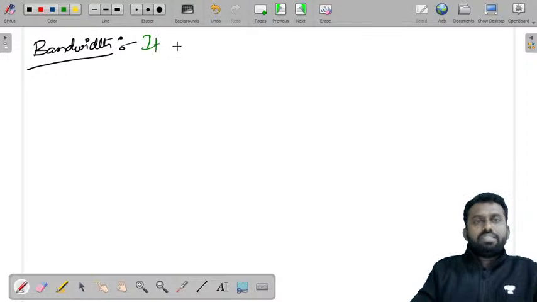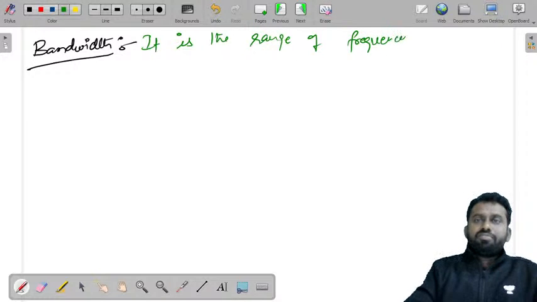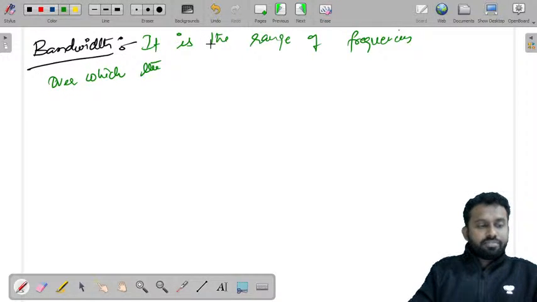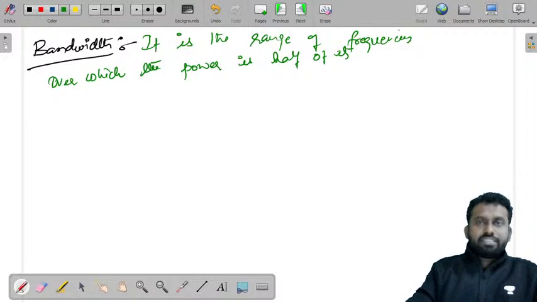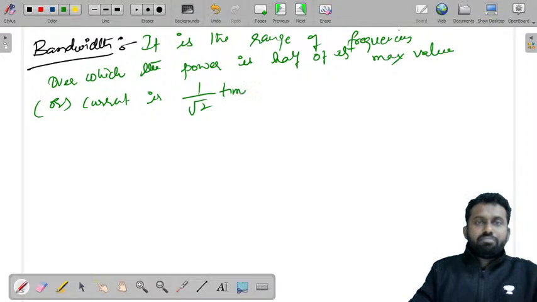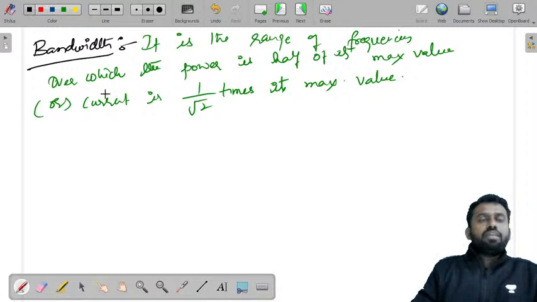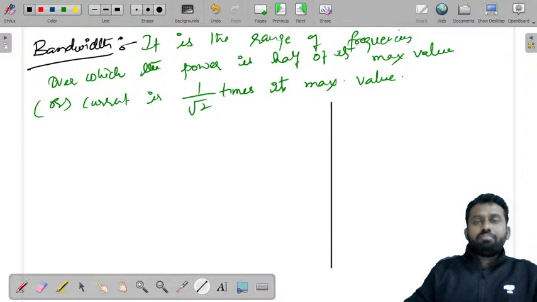It is the range of frequencies over which the power is half of its maximum value, or the current is 1 by root 2 times its maximum value. Let me just draw this diagram.